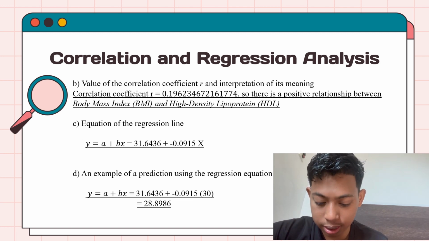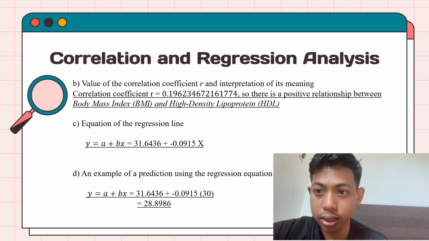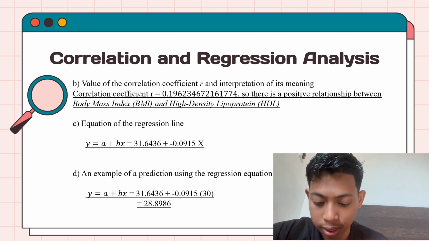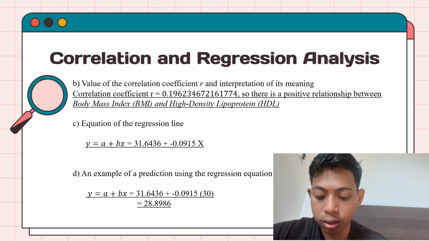Second, the equation of the regression line, the formula is y equals a plus bx. For a, we can get it from Excel. So the answer is 31.6436. Then b we can also get from Excel.